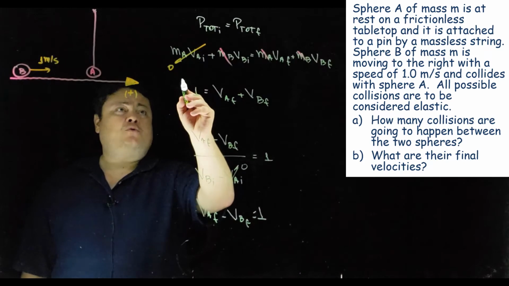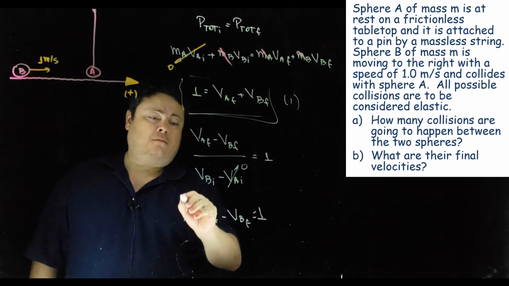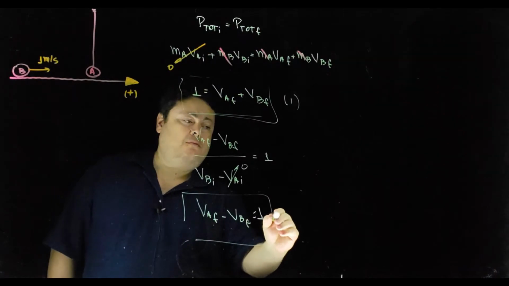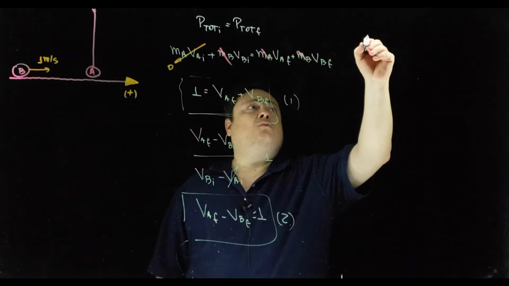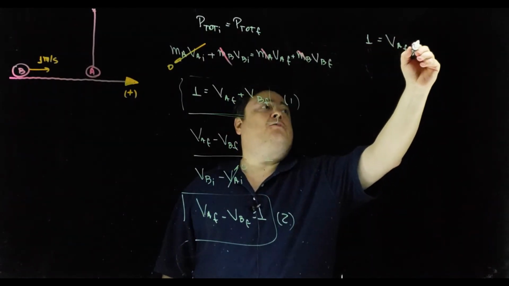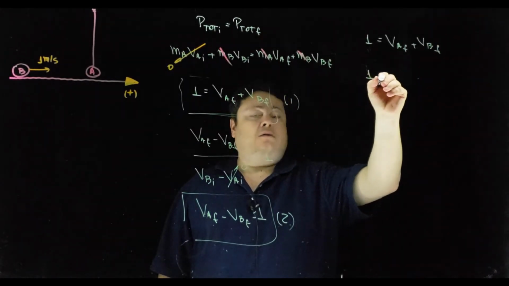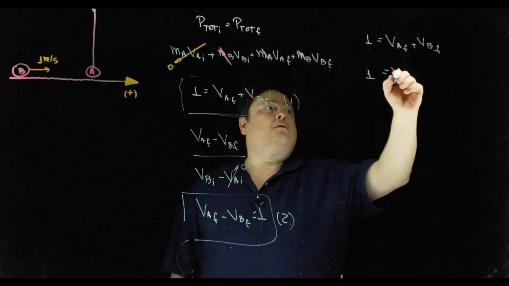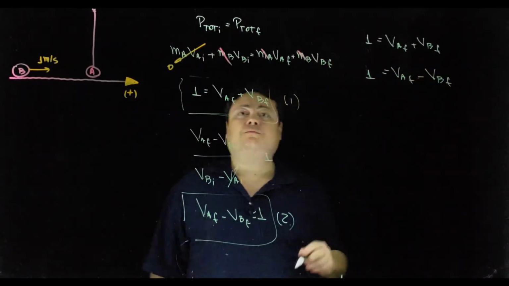So now I have two equations, 1 and 2. I can make a system of equations to solve them. So 1 equals VA final plus VB final, and also 1 equals VA final minus VB final.